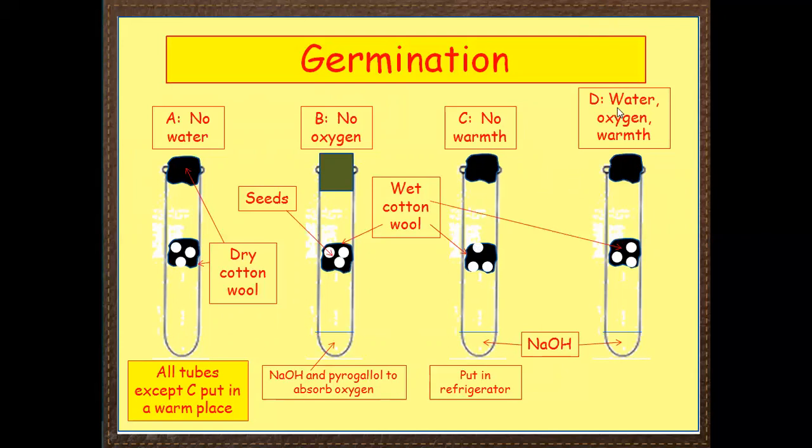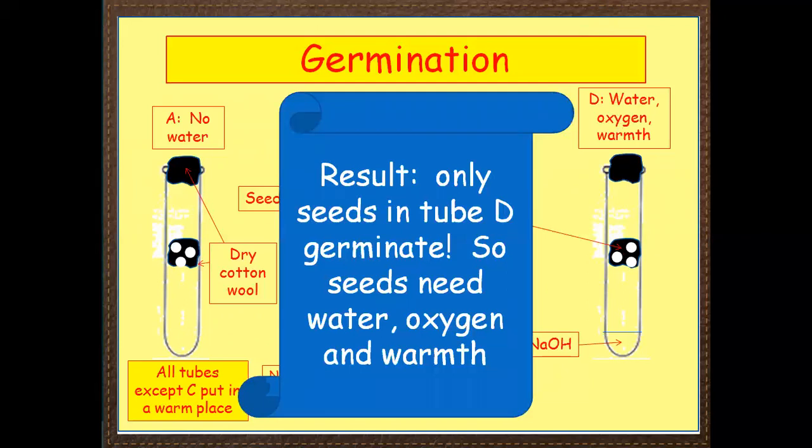In tube D, water, oxygen, and warm temperature are all there. All the conditions needed for germination are here, so the seed in this tube will germinate. Only the seed in tube D germinates. So seeds need water, oxygen, and warmth.